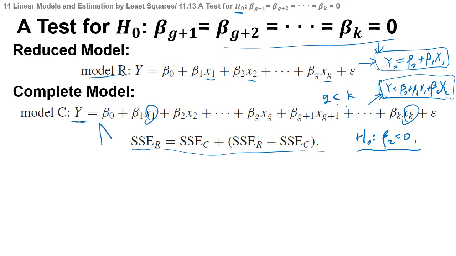Let's see. SSE reduced can be represented as this thing.